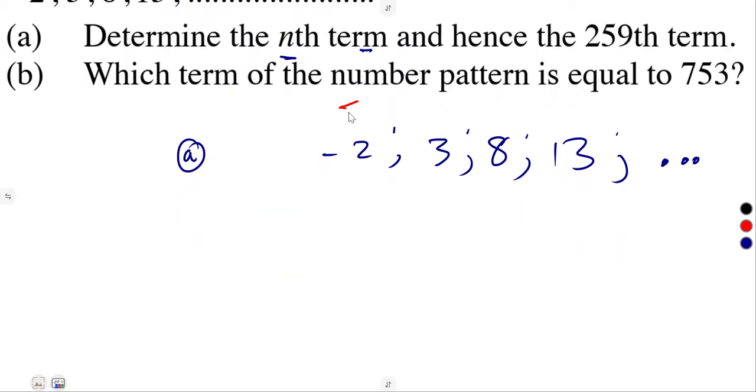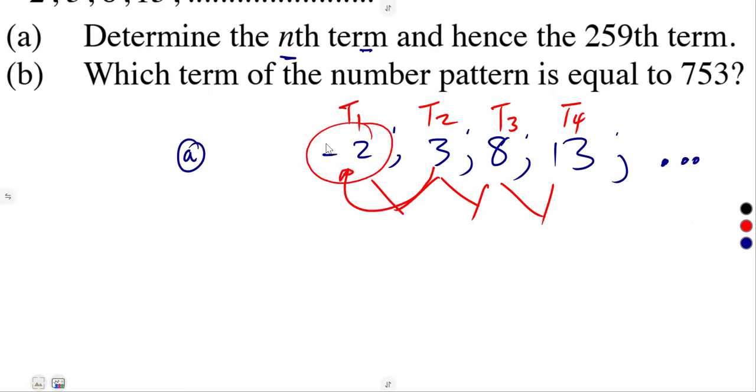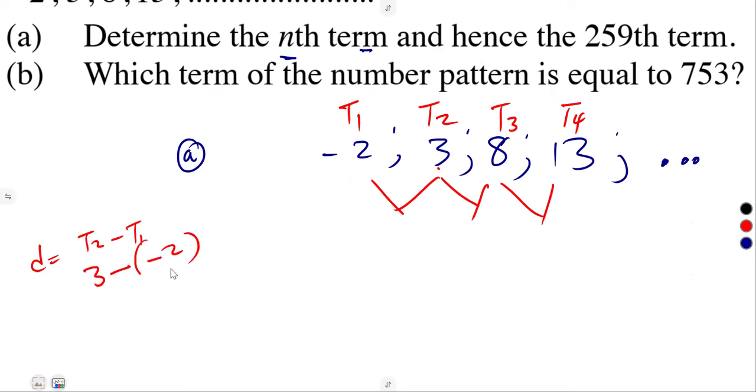Remember the common difference. We are already told it's a linear sequence, so we understand there is a common difference between the terms. So that's 3 minus -2, which is T2 minus T1. Second is 3 minus T1, which is -2.